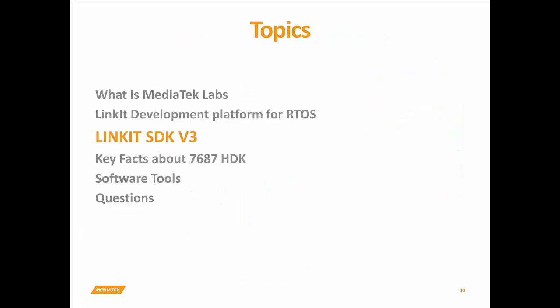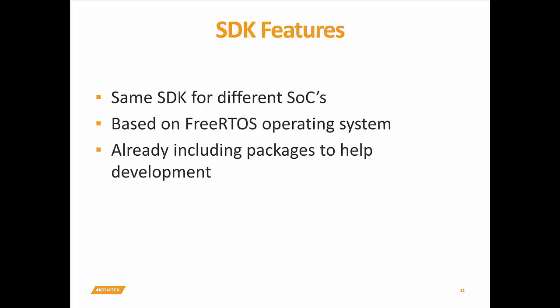So let's have a look at the software development kit that comes. It's our third. The first one was for the LinkIt 1. The second one was for the LinkIt Assist 2502. So now we have the third one, which is for the RTOS platform. And the nice thing about it is that the same SDK will work for different SoCs.